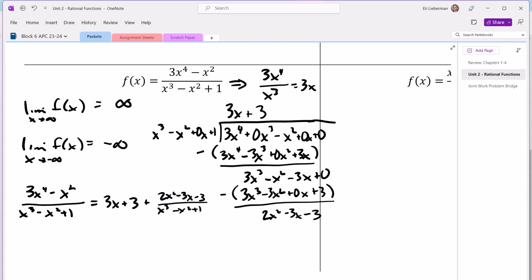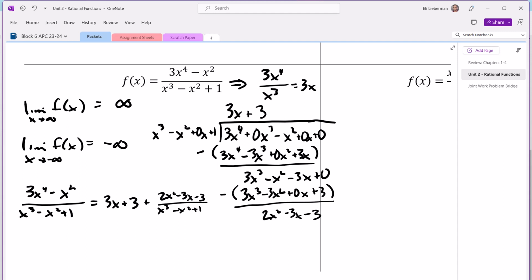What would happen if we took the limit of this portion as x goes to infinity? It's bottom heavy, so this limit would be 0. It's kind of important, so let me say this again.